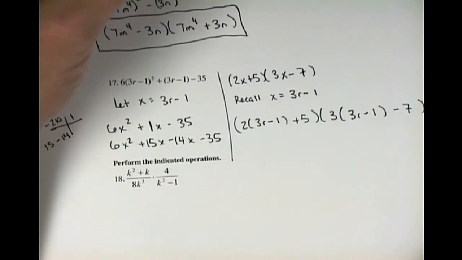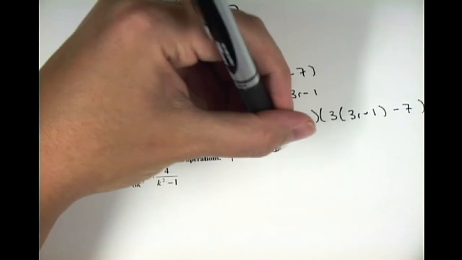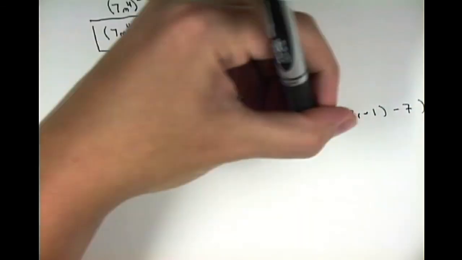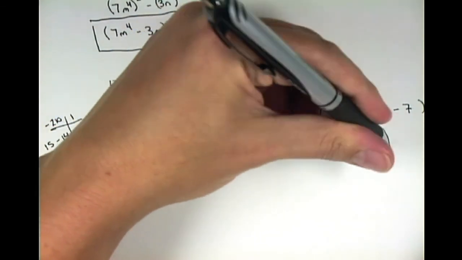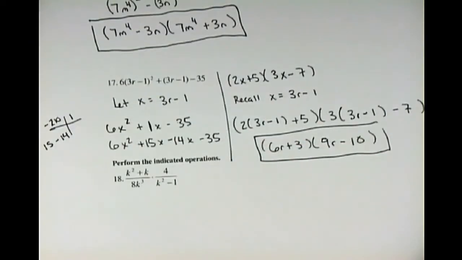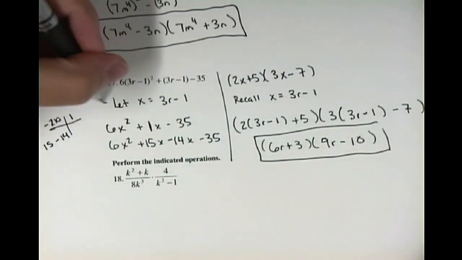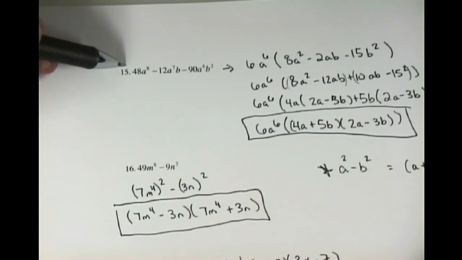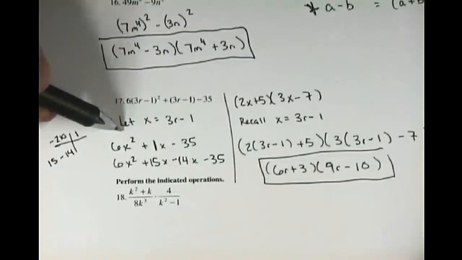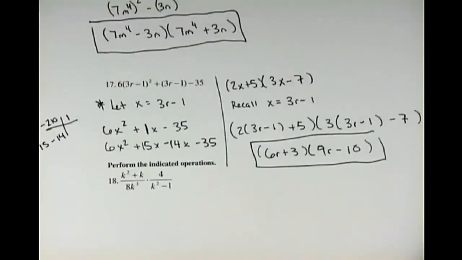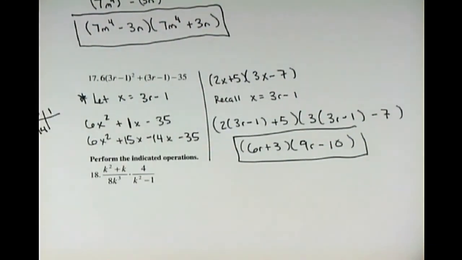But when you work it all out and you distribute and you simplify, you wind up getting 6r plus 3 times 9r minus 10. And so that's actually your answer. And substitution is a really handy trick. You could have used it on this one up here, you could have used it here, and we used it here. So substitution can always help you out when needing to factor things that look a lot more messy than they actually are.